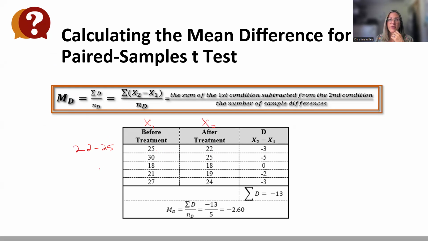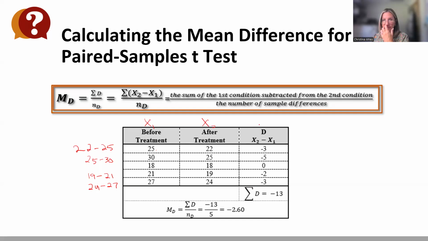And for this one, it's 25 minus 30, because it went down by 5 points. 18 minus 18 is 0. 19 minus 21, it went down by 2 points. 24 minus 27, it went down by 3 points.